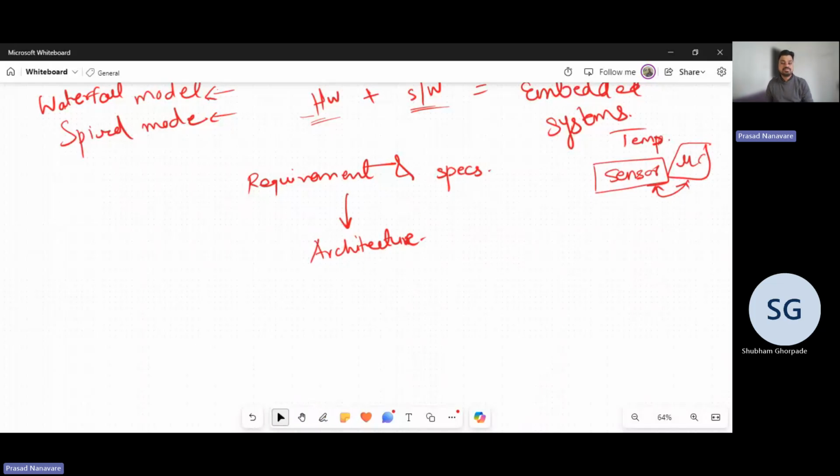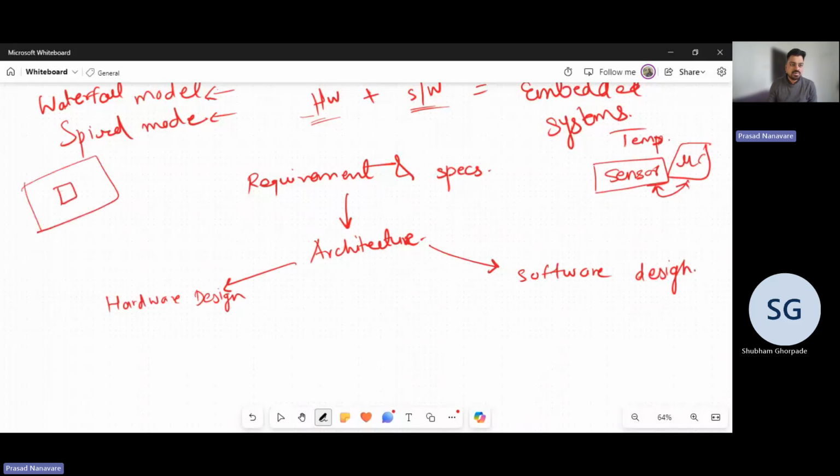Okay, and then the design actually splits, the hardware part and the software part. Now there is hardware and there is software. In hardware, we need to have a microcontroller, we need to design a board in which all the components are placed. We need to get it done by somebody or do it ourselves, it's your choice.